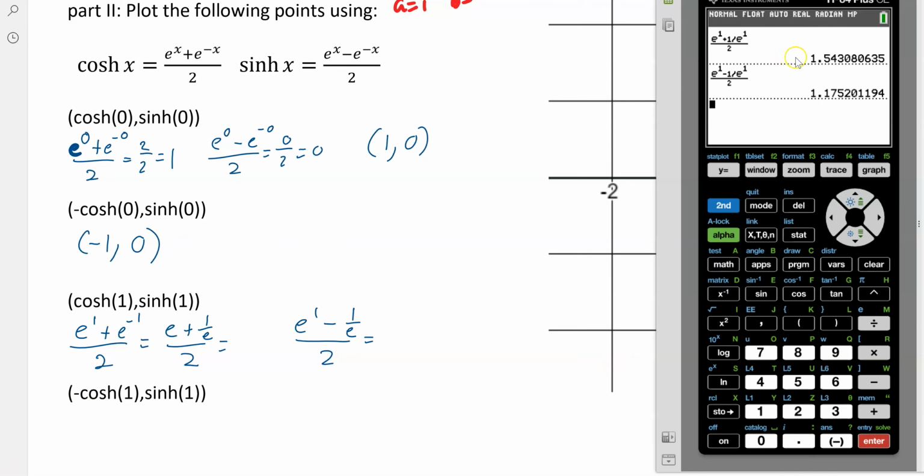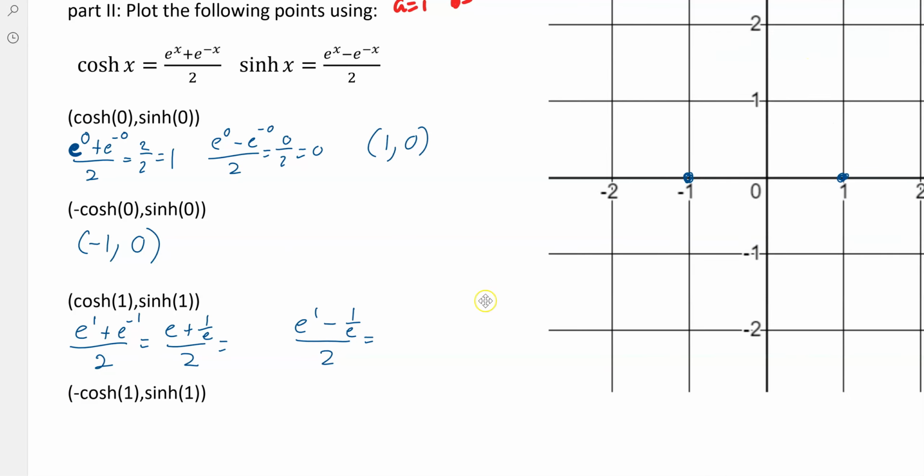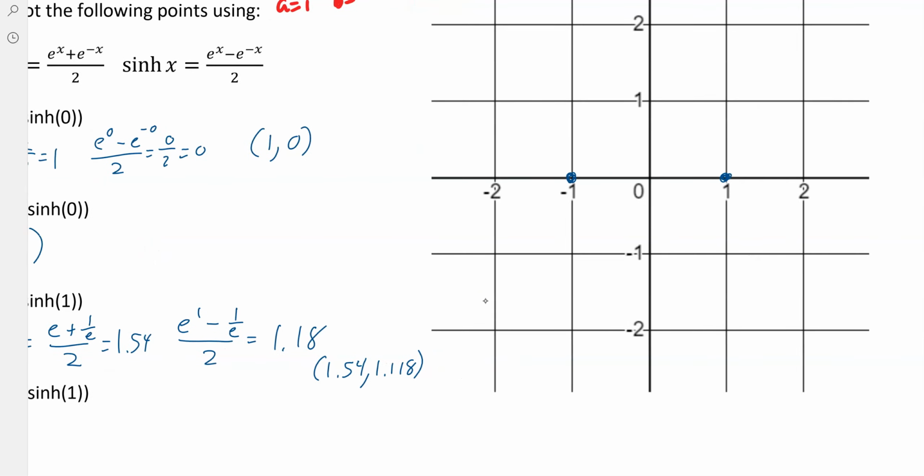So if we plug them in the calculator, we get 1.54 and 1.18. I'm just giving a round answer here. So we have 1.54, 1.18. So if we plot those, it's 1.54, so a little bit and a half, and then a little bit above. So right there. So you can already see we're creating our hyperbola.